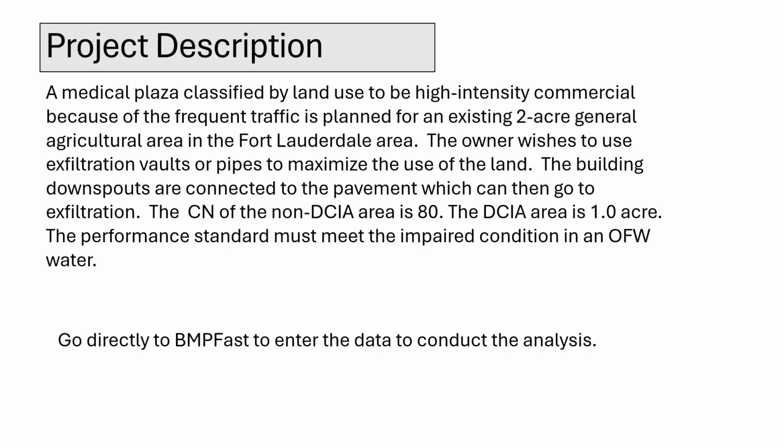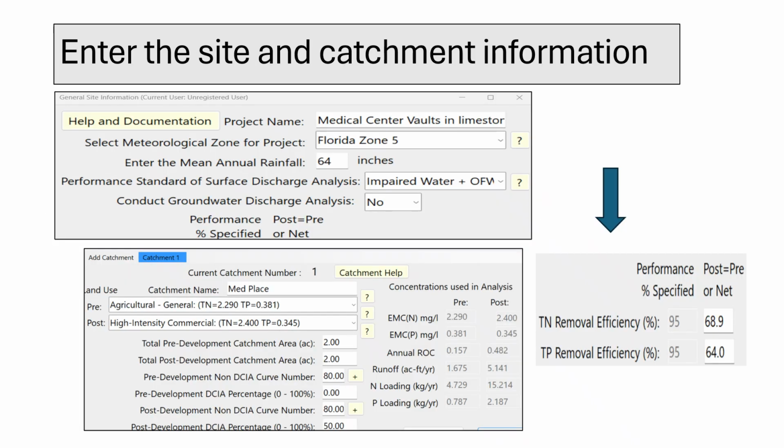A significant performance standard for this project is that it must meet the impaired condition within an outstanding Florida water, or OFW, body. With this project description in mind, we can now proceed directly to BMPFast to enter this data and conduct the necessary analysis. Our next step involves entering the specific site and catchment information for our medical post-development site.